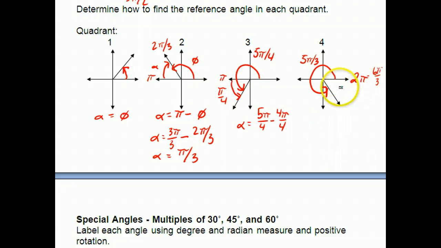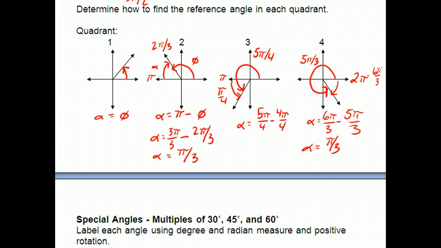So in order for me to get my reference angle in here, I want to take my 6 pi over 3, so my reference angle is going to equal 6 pi over 3 minus my original angle, 5 pi over 3. So I know my reference angle is equal to pi over 3.